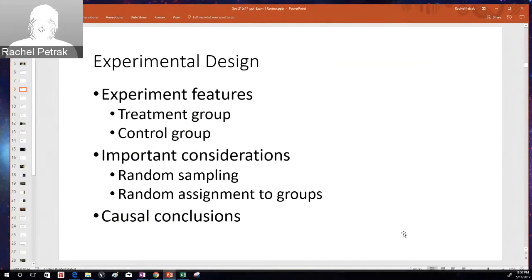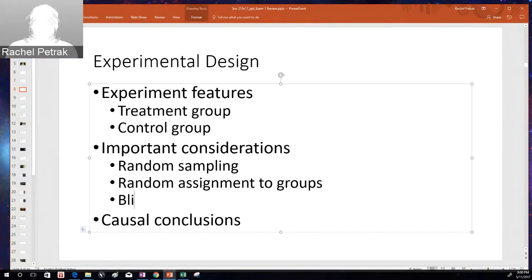And finally, only an experiment offers us the opportunity to make causal conclusions. So experimental research, we can control the exposure or the treatment, and because we can control that and have random sampling, random assignment to groups, and also blinding, or a situation where the participant doesn't know what group they're in, or double blinding when the experimenter doesn't know either.